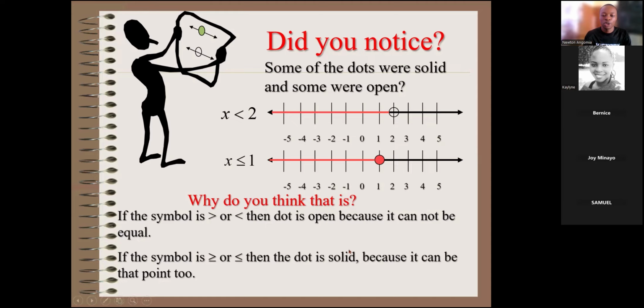So it can be that point too. That's what we mean by greater than or equal to. So we can either have our quantity being less than 1 or equal to 1. So that's why we include it in our dotted. Have we understood up to that particular point?